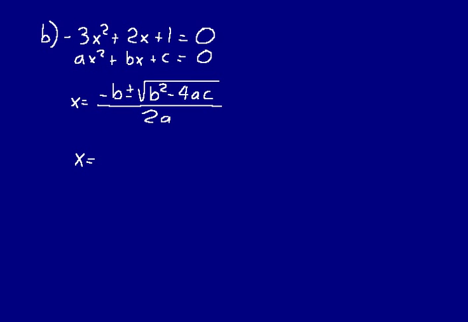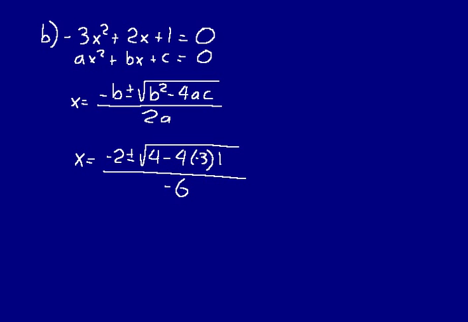Now you can go ahead and substitute in where you need to. x is equal to negative b, and we can see that b is equal to 2, so we would put a negative 2 plus or minus the square root of 2 squared, which would be 4, minus 4 times a, which is a negative 3, put that in parentheses, times c, which is just 1, all over 2 times a, so that would be 2 times negative 3, or negative 6.